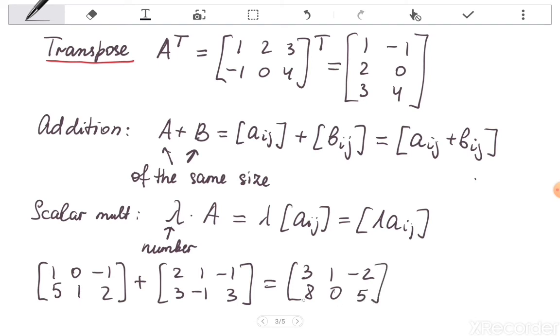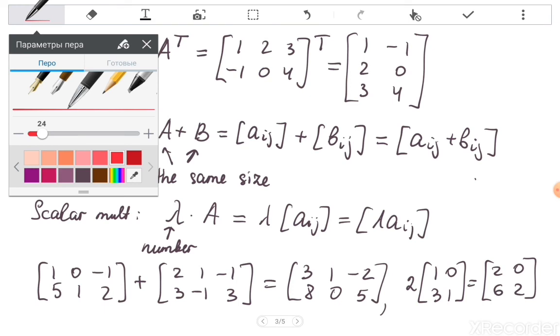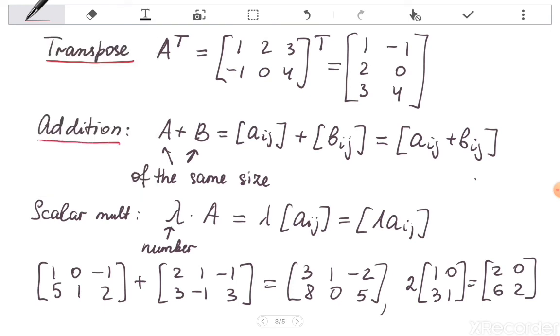So this is a new matrix, which is the addition of these two matrices. Similarly, for example, let's say 2 times the matrix 1, 0, 3, 1. This is a new matrix where we multiply each entry by 2. So this is 2, 0, 6, 2. So here we introduced addition and scalar multiplication.